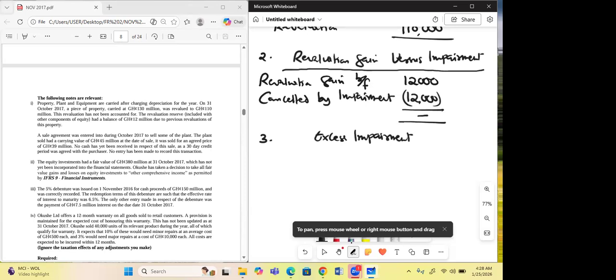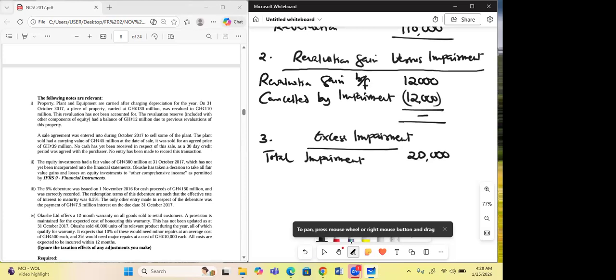So excess means, what was the total impairment? 20,000. So we have a total impairment of 20,000, and I've used 12,000 to cancel the gain. Are you getting it? Yes.